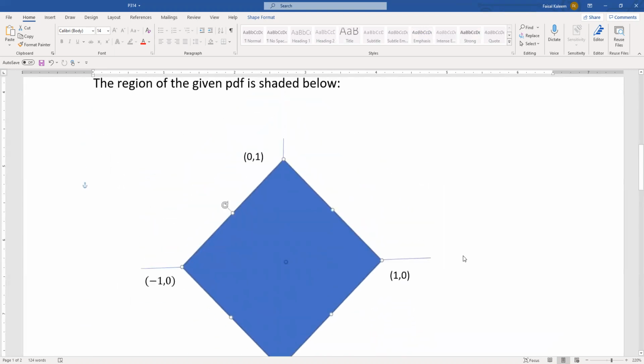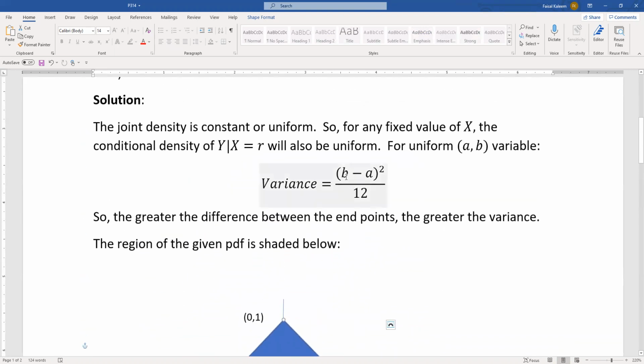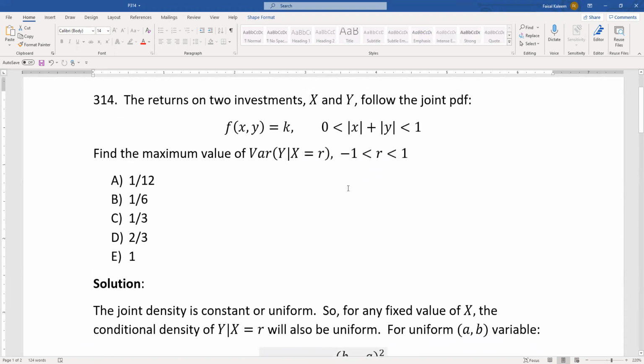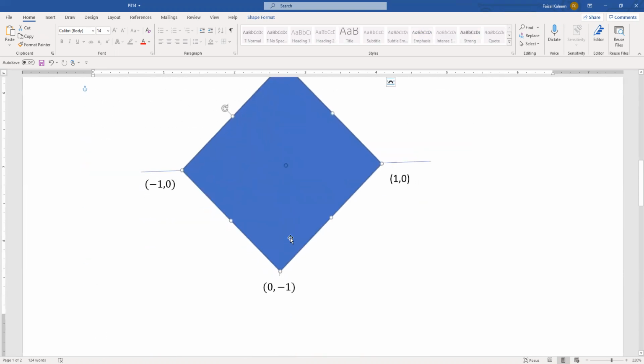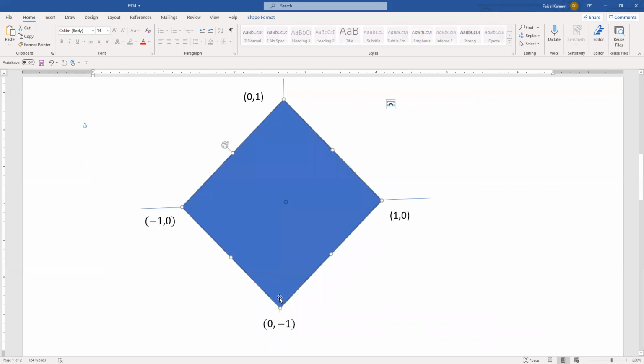As we see from here, the variance will be maximum if the difference in the y range is the maximum. So for any fixed value of x, once you fix x, the function just becomes a function of y. And along y, the maximum possible interval you can cover is -1 to 1. And that happens when x is equal to 0, or r is equal to 0.